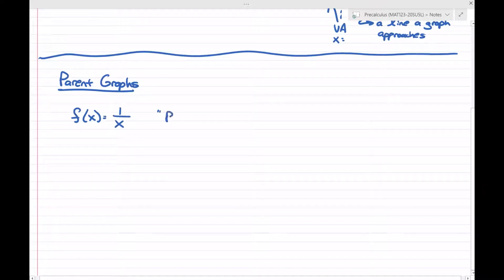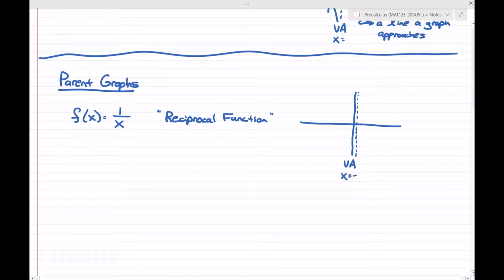The name of this is called the reciprocal function. And this graph looks something like this. We have a vertical asymptote along the y-axis. So that means the vertical asymptote would have the equation x equals 0. We have a horizontal asymptote. Horizontal asymptote has the equation y equals 0.